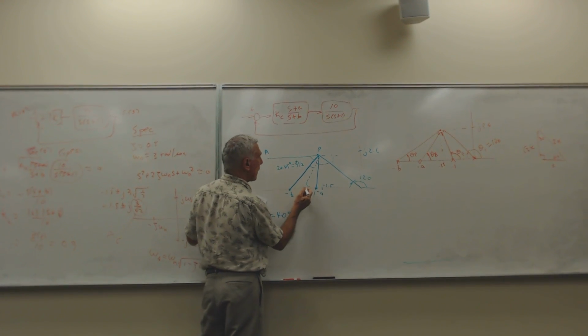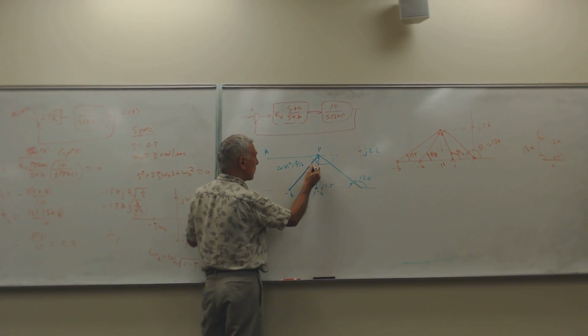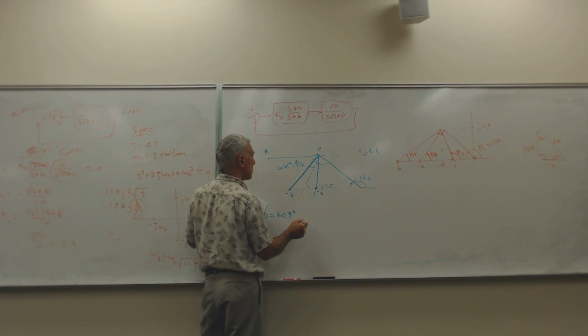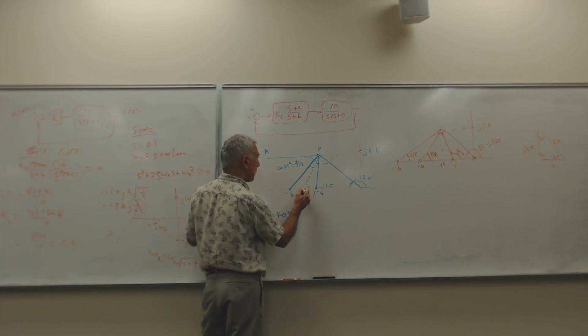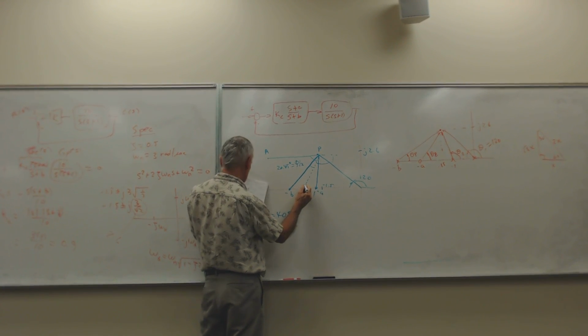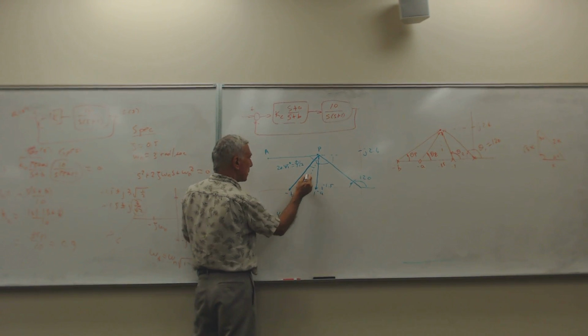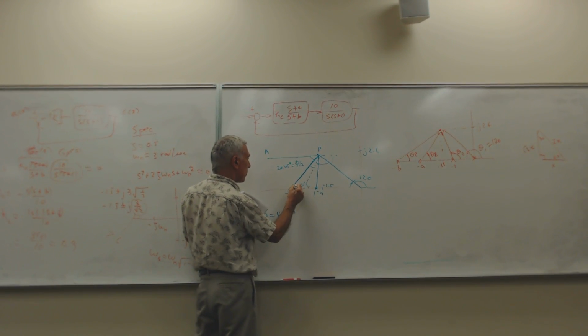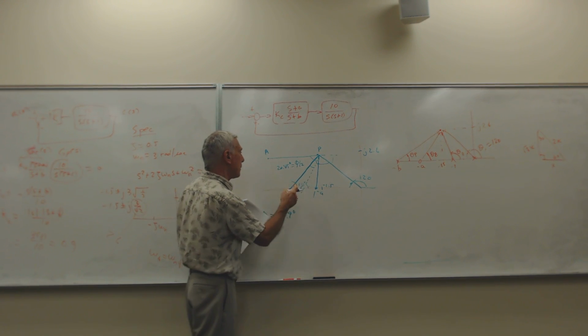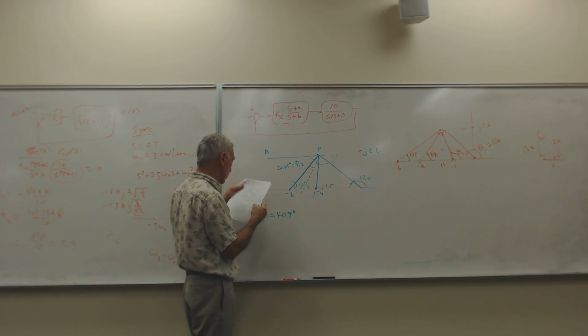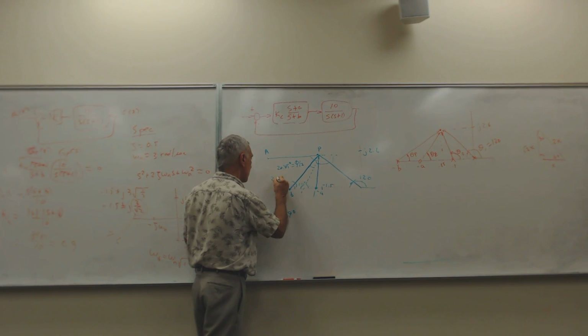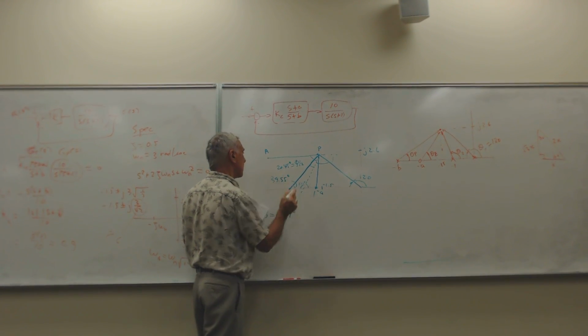We can find these other angles because we know this angle here is 20.45, and we know this angle is 60. This angle is going to be 120 degrees. So we can find this angle here: it's going to be 180 minus 120 minus 20.45, which gives you 39.55 degrees.